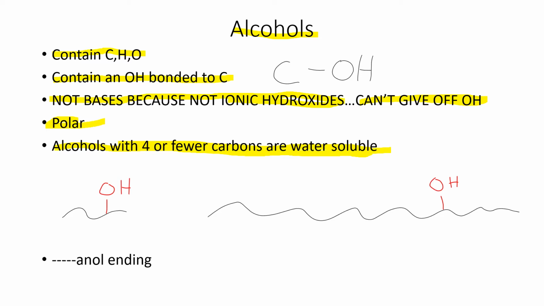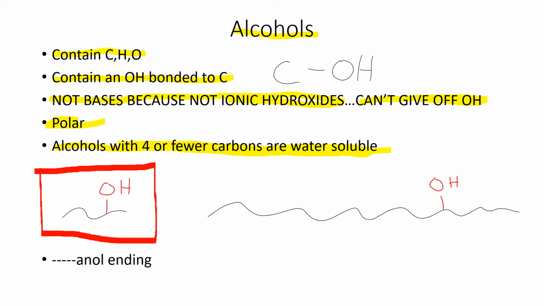And I have a little cartoon drawing here to demonstrate that. The reason why this rule exists is because you have to think about what part of the molecule is polar, what part of the molecule is not polar. So on the left, that I have boxed in red right now, I drew a cartoon drawing of a small alcohol. That squiggly line represents only a few carbon atoms.